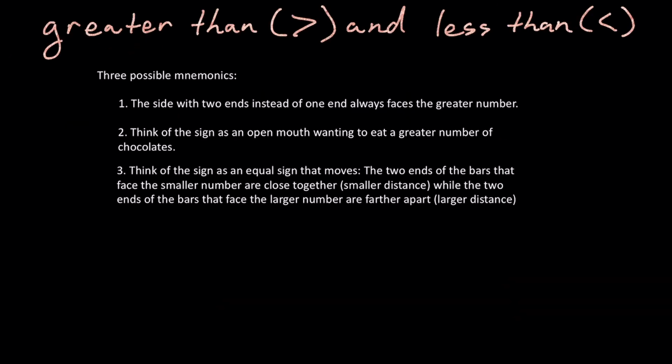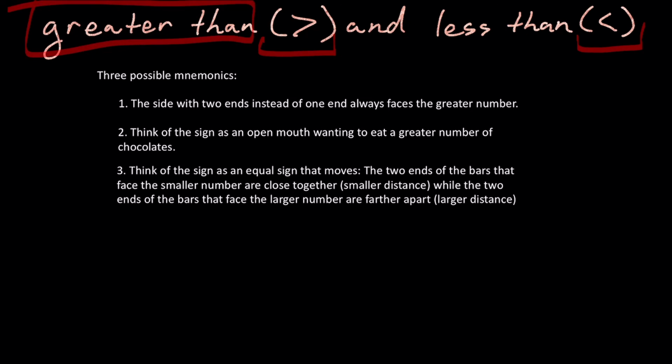So remembering when we're using greater than and less than, these are symbols that represent these words, okay? It is not the crocodile that's eating the bigger side, but if you need mnemonics to remember that, there's a couple different mnemonics that can help you, okay? To know which way it's facing.